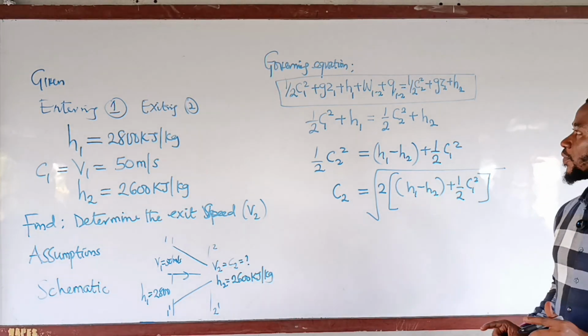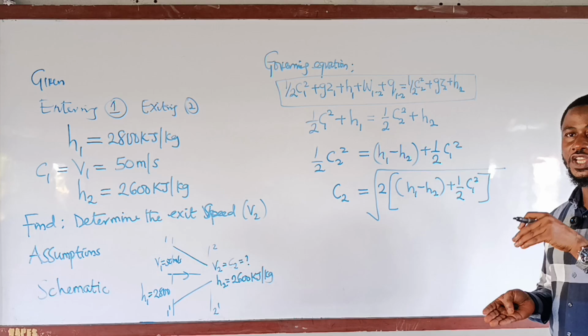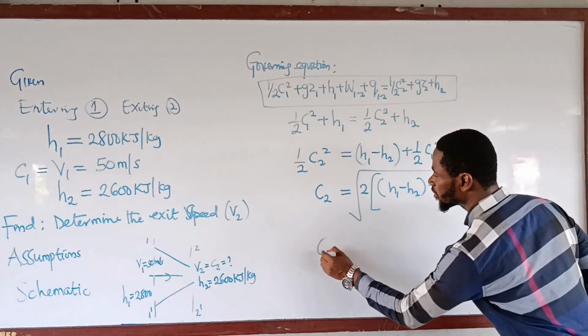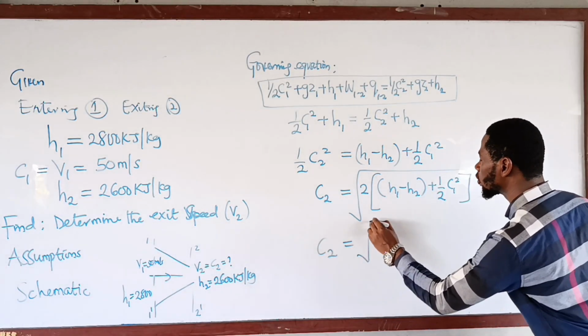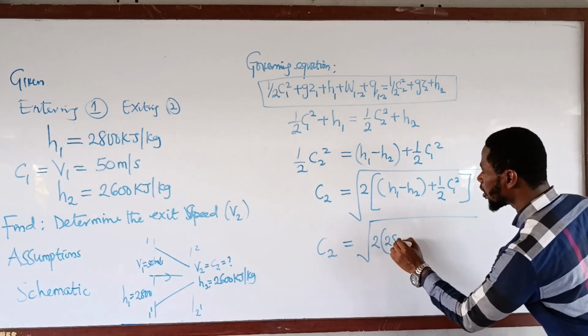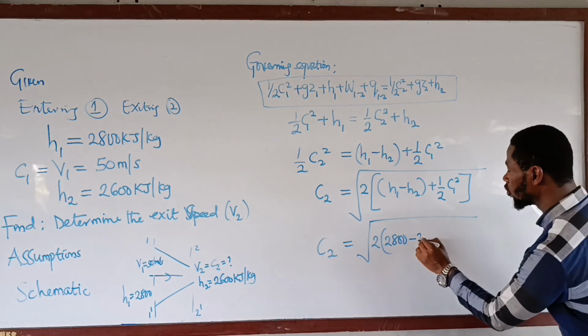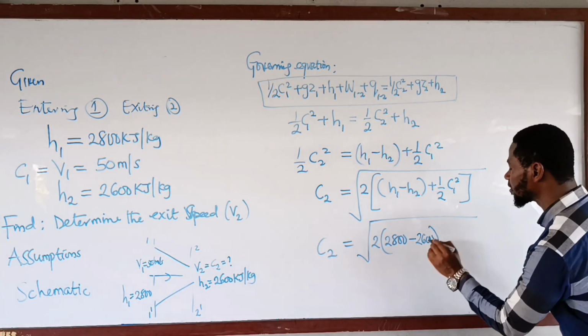So the next step is to plug in the data that are given in the question. So C2 equals the square root of 2 into bracket 2,800 minus 2,600.